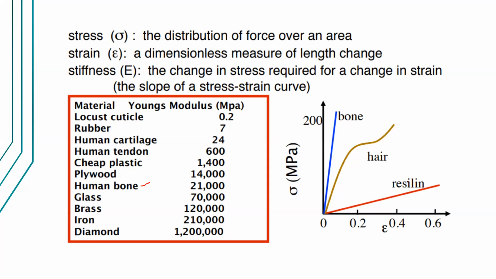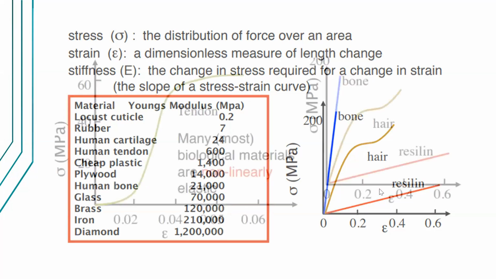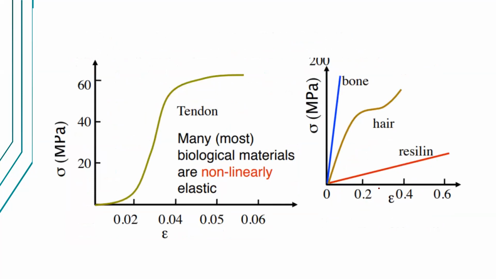That means you can elongate resilin by this much even with only a little stress applied. The stress is this small, but it's well elongated. The reason is that it is present in the wing hinges of arthropods.